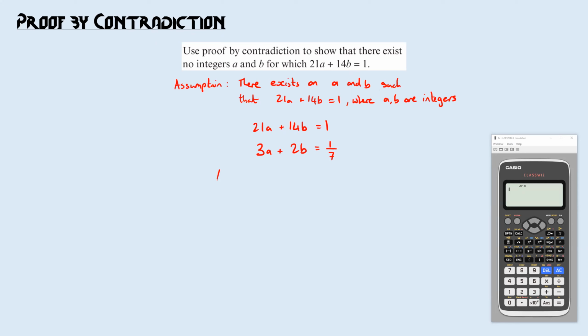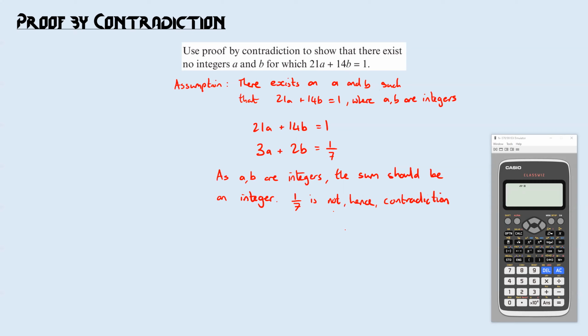So as a and b are integers, the sum should be an integer. Unfortunately, 1/7 is not an integer, and hence we have a contradiction. So what does that mean?